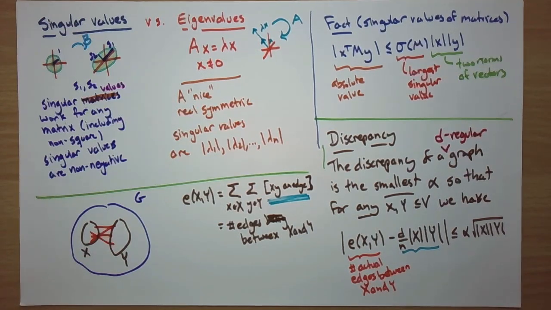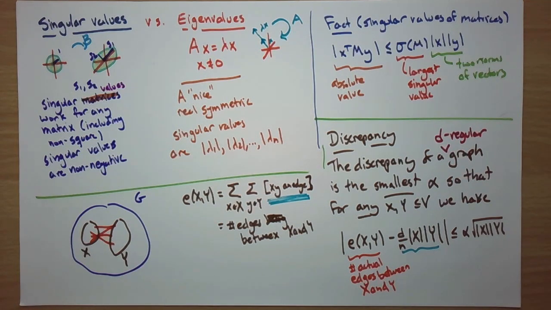Think about fixing x. What's the probability that going from x to y you have an edge? Degree of x divided by n? Well, think of vertex x in X, vertex y in Y. How likely is it that that's connected?